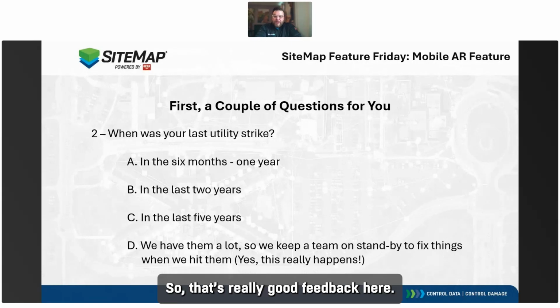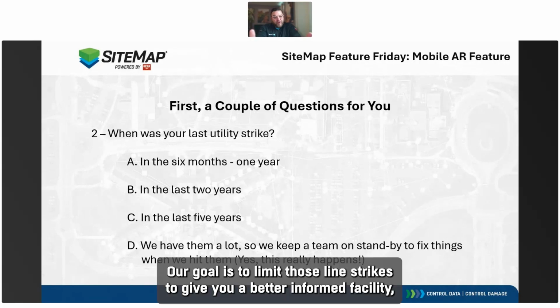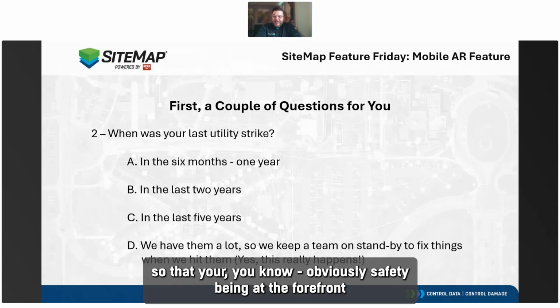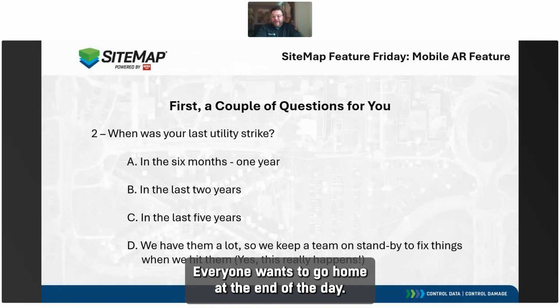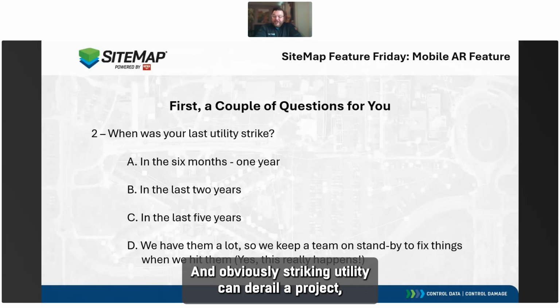So that's really good feedback here. Our goal is to limit those line strikes to give you a better informed facility, with safety obviously being at the forefront of all that. We don't want utilities being struck. Everyone wants to go home at the end of the day, and obviously striking a utility can derail a project.